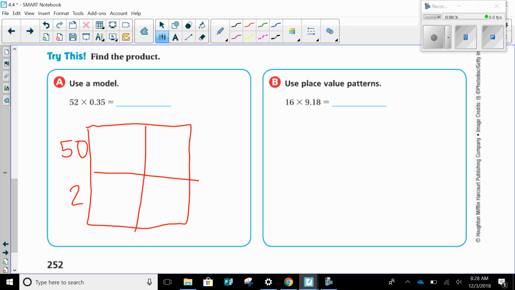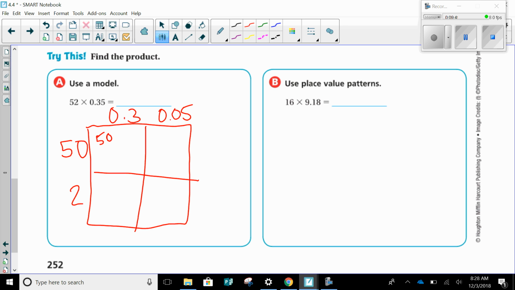And then I'm going to break out my 3500s, and it's going to be 3/10 and 500s. Okay, well, again, all I did was break out those place values of those two numbers. So now I just have to multiply.